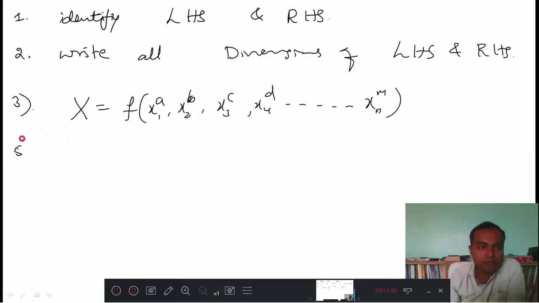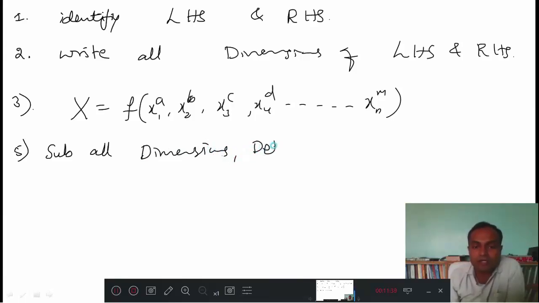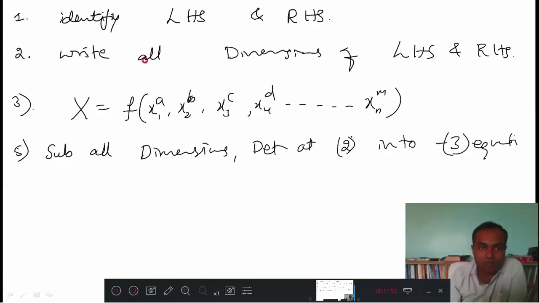Then the fourth step is to substitute all the dimensions determined at the second point into the third equation. Whatever dimensions you calculated, you substitute back into this equation.